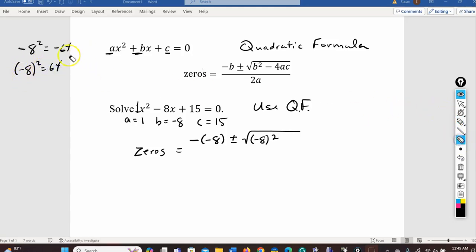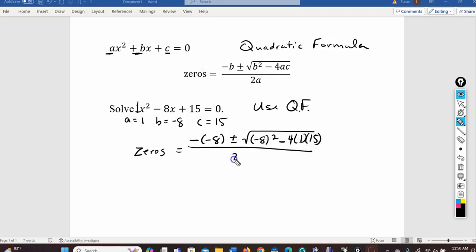So if you don't use parentheses, you're going to get it wrong. Then minus 4 times a times c, all over, now some students will just put the top of the fraction here, all over 2 times a.